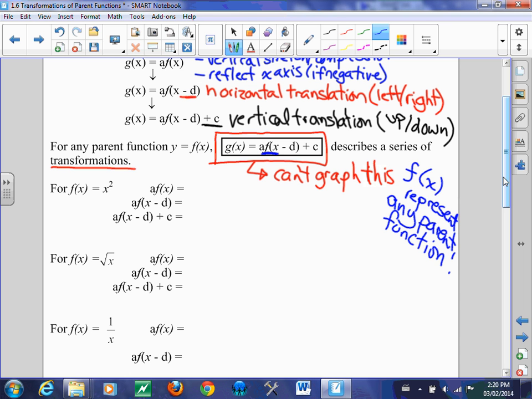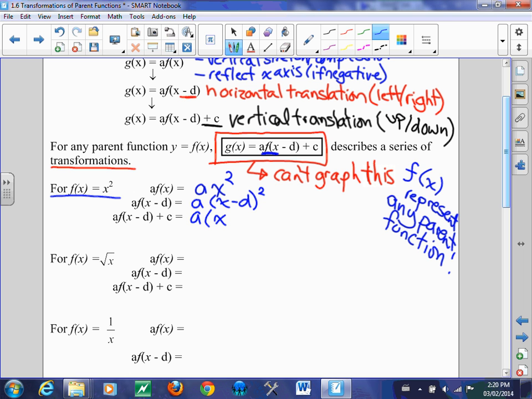For the first example, let's specify that, hey, let's apply some transformations to the quadratic, okay? Because that's f at x equals x squared. So what do we know first of all? If we apply a to it, it's going to be ax squared, because your parent function is x squared, right? Then we're going to apply the d. So what is that going to look like? X minus d squared. And then we're going to add the c.